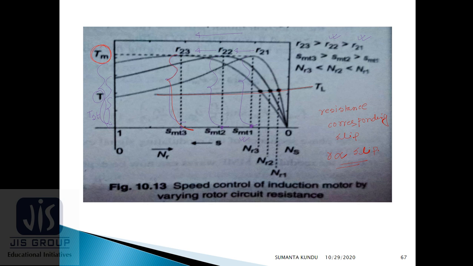So this is the intersection point with curve 1, curve 2 corresponding, and this is curve 3. If we see here that in this direction speed is increasing from 0 to ns, so obviously the slip is increasing in this position. So as the resistance changes from a smaller value to a higher value, the maximum torque occurs at a higher slip value.